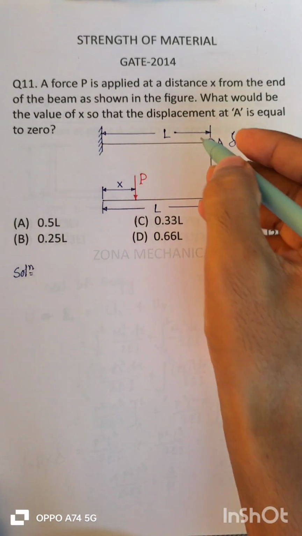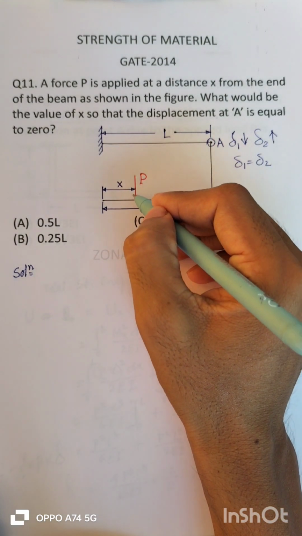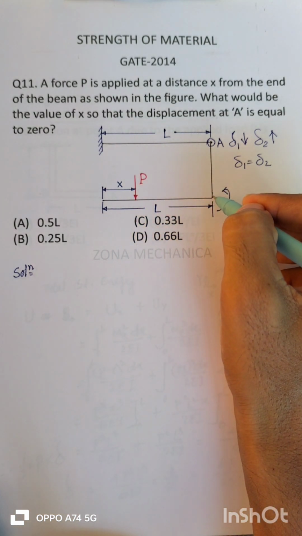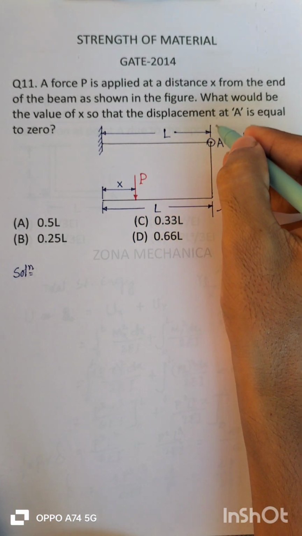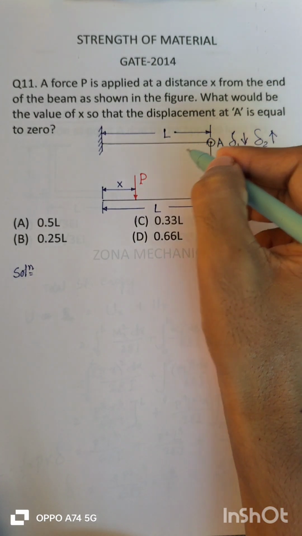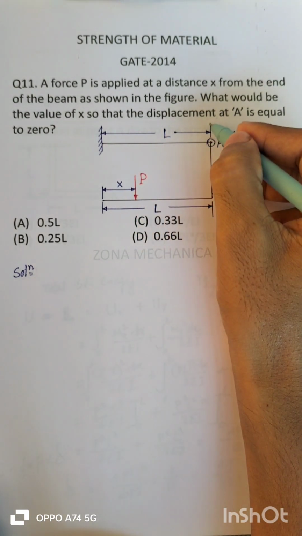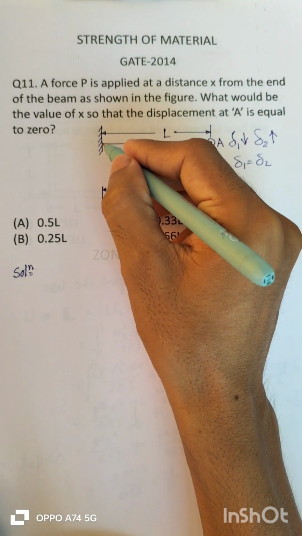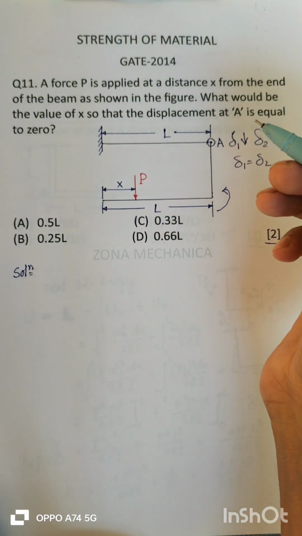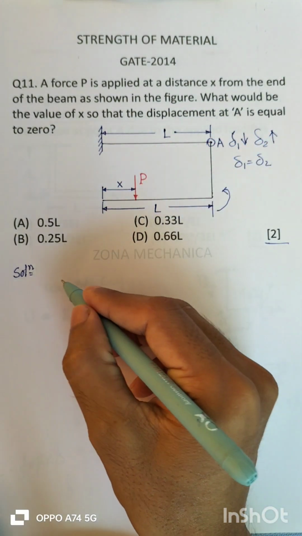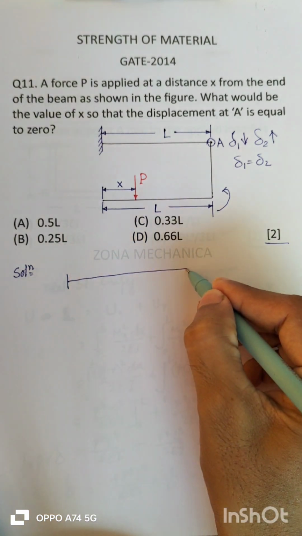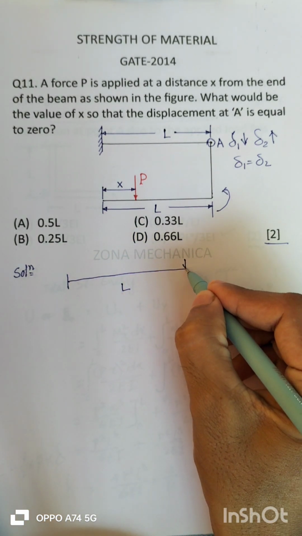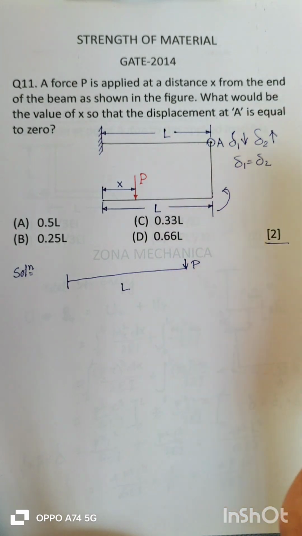For delta 1, this force will get transferred through this beam and act over here. We can assume this force acting as a point load at the end point of a cantilever beam of length L. Simply suppose there is a cantilever beam of length L and there is a point load acting over here.